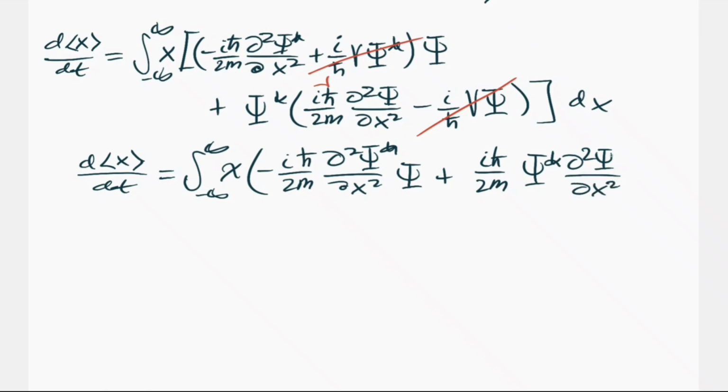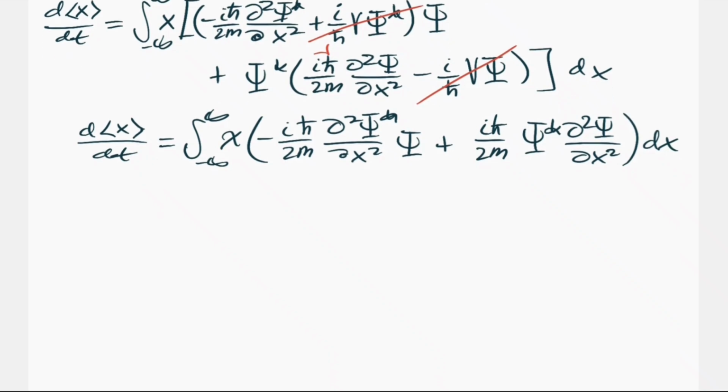So obviously those two don't cancel because the conjugate is in the second derivative here, and just the normal wave function is in the second derivative there, so we can't cancel those. But we can go ahead and simplify this further by bringing out the constant terms.